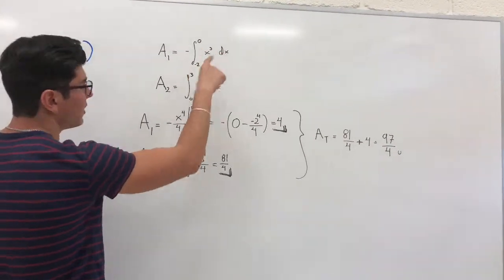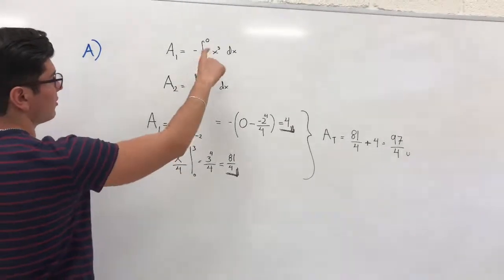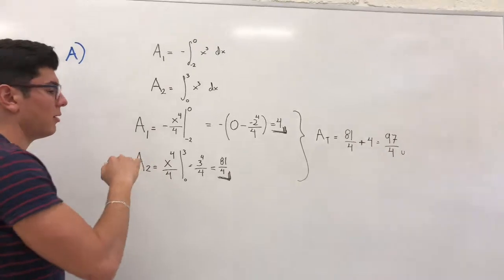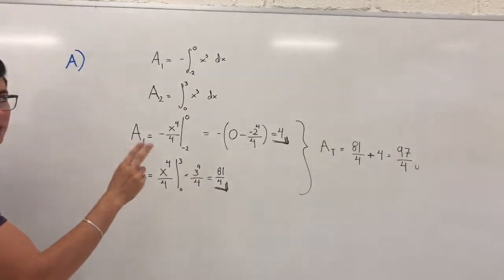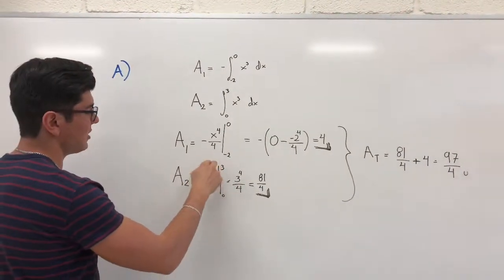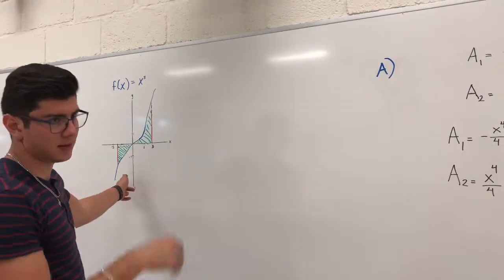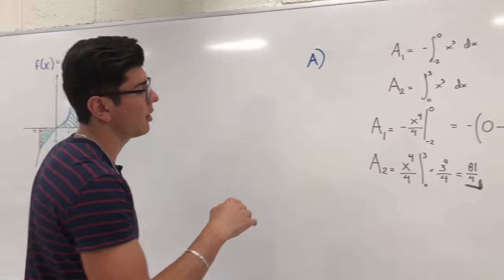We have to integrate both of them, and the result of both integrals will be x to the 4 over 4. But the difference is that area 1 is the one that is below.